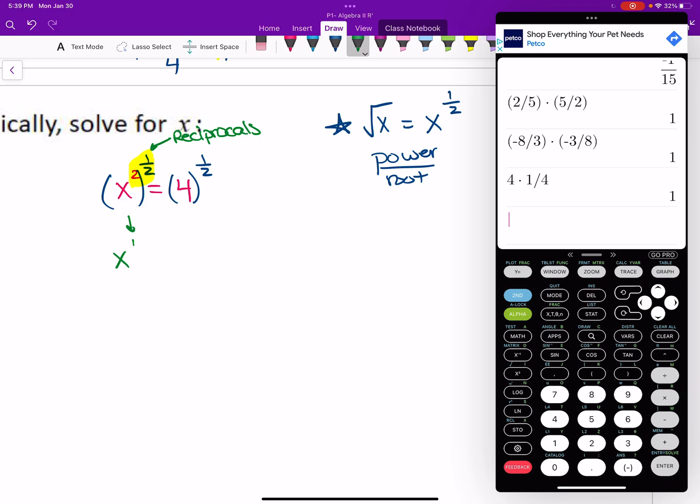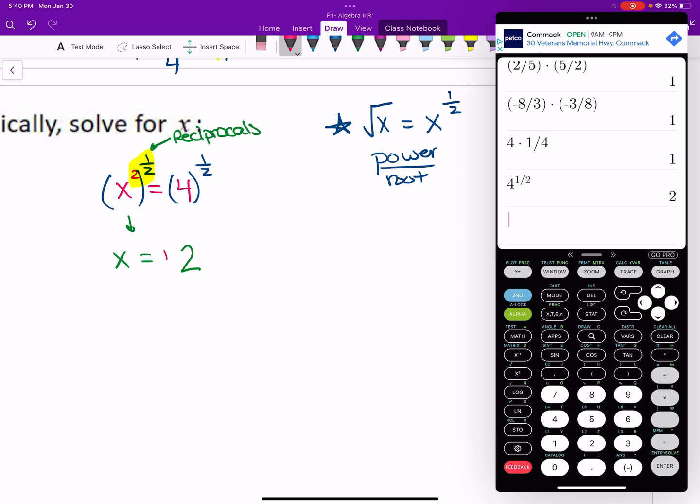Anything to the power of 1, we really don't have to show. So flipping the exponent with its reciprocal really is going to end up canceling out your exponent, which is going to be more helpful when we get into some of these harder exponents that we're about to see. 4 to the 1/2 you can type into your calculator. Make sure you are doing the 1/2 as an exponent, and that's where we get our 2.